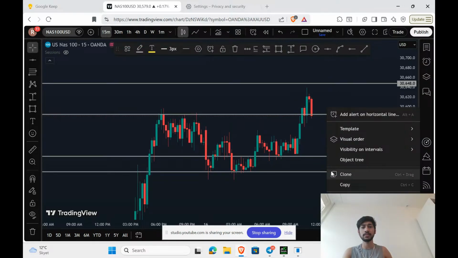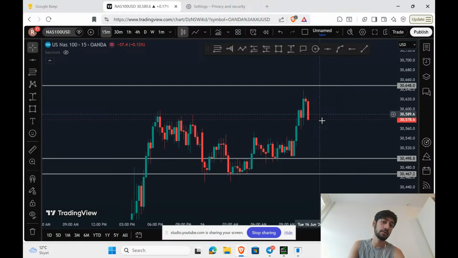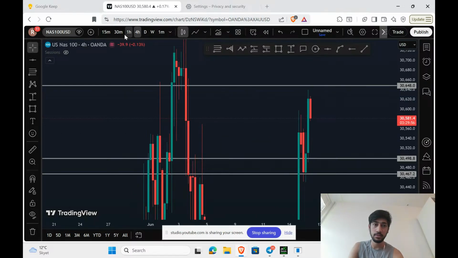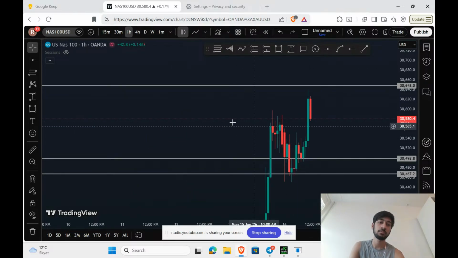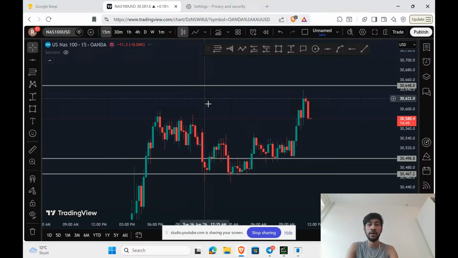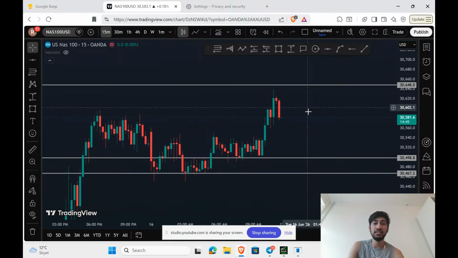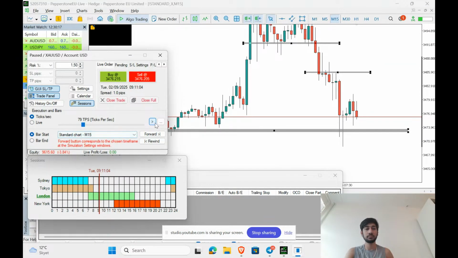I can see we are in an uptrend. So nothing to do right now. If we form support, I'm willing to buy because on the 4 hour we have clean range. H1 we just formed bullish. M30 we just closed below, but yeah, my bias is buys. I just want to buy.